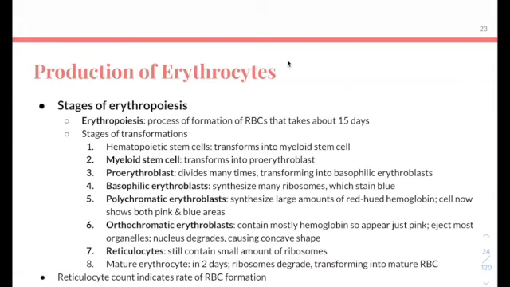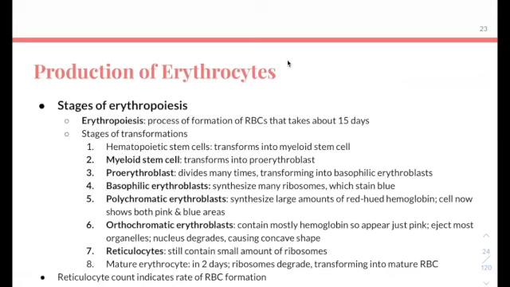We get reticulocytes. We still have some ribosomes at that point. Ribosomes make those proteins. And then we end up with mature erythrocytes, which get transported into the blood. At that point, any ribosomes that are left are degraded.